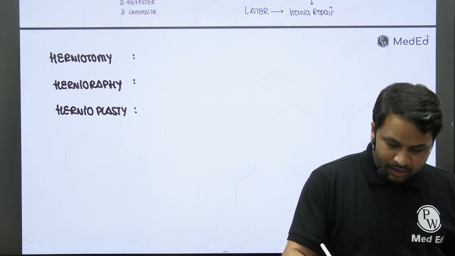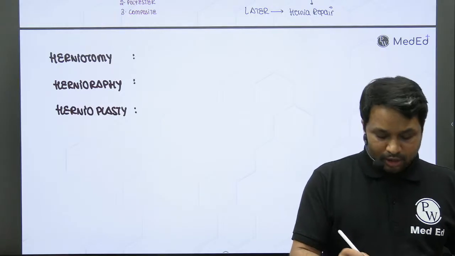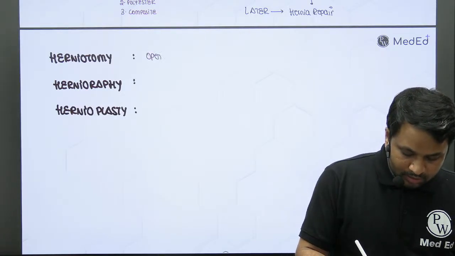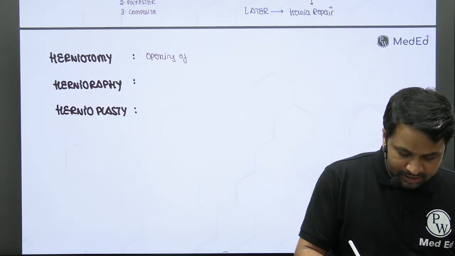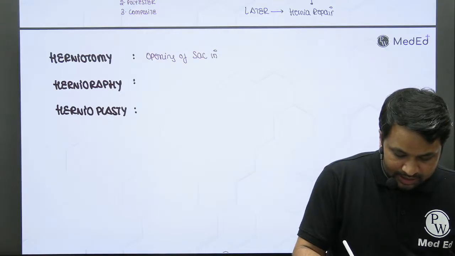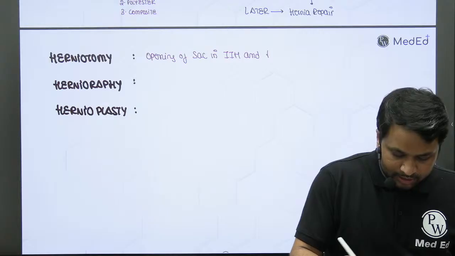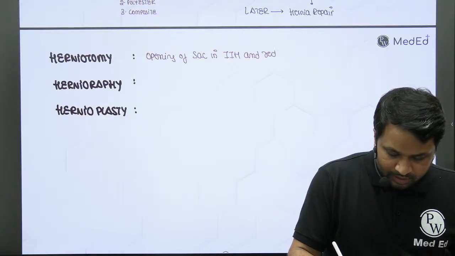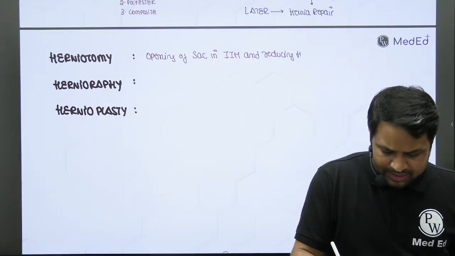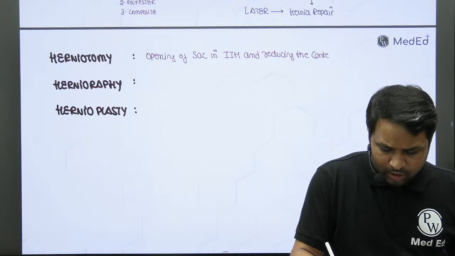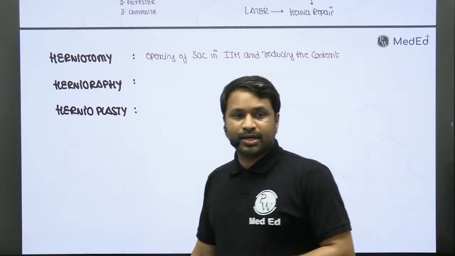When we say herniotomy, it is opening of the sac in an indirect inguinal hernia and reducing the content. When I say reducing the content, it is basically to push the content back into the abdomen. That is called herniotomy.